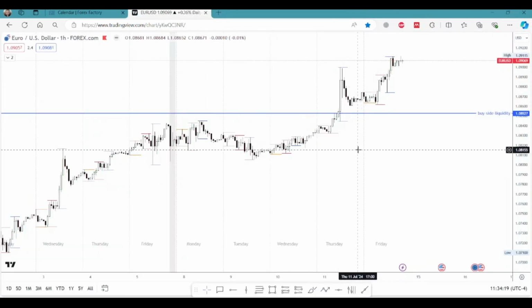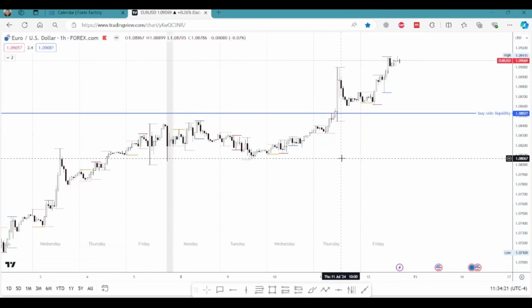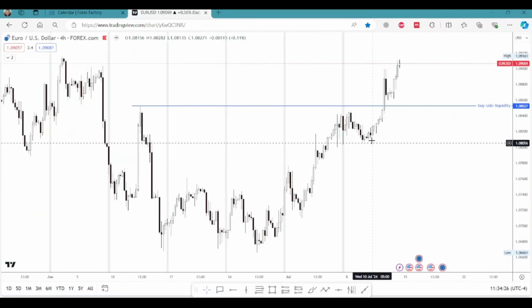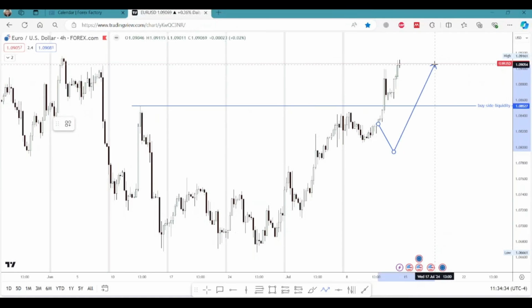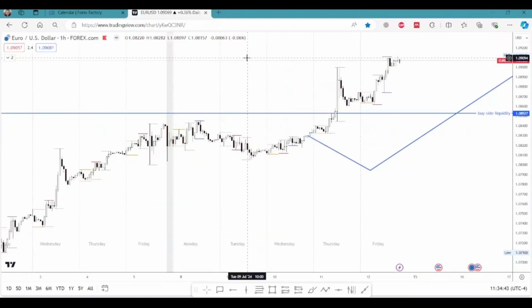This was something that was expected to happen, but the only problem with this move for me was that I was expecting one more push down before it would go up. This is what my expectations were, but it didn't do that. It just kept going up, and even on Friday it just kept going up.